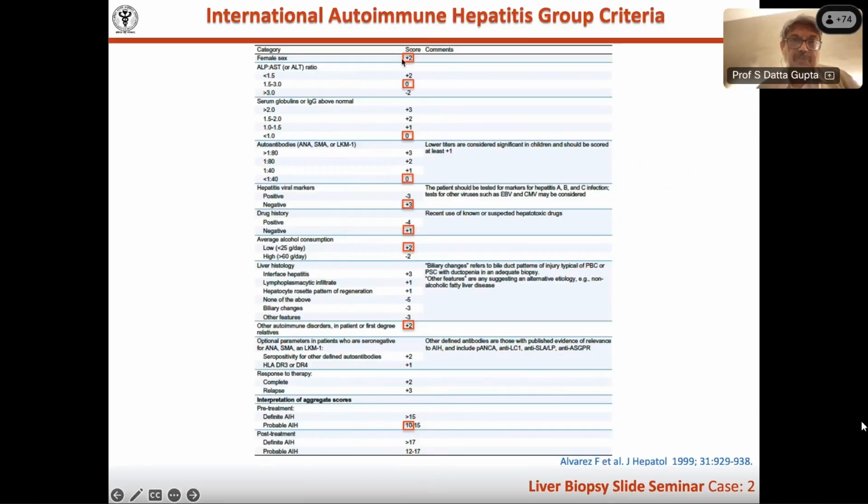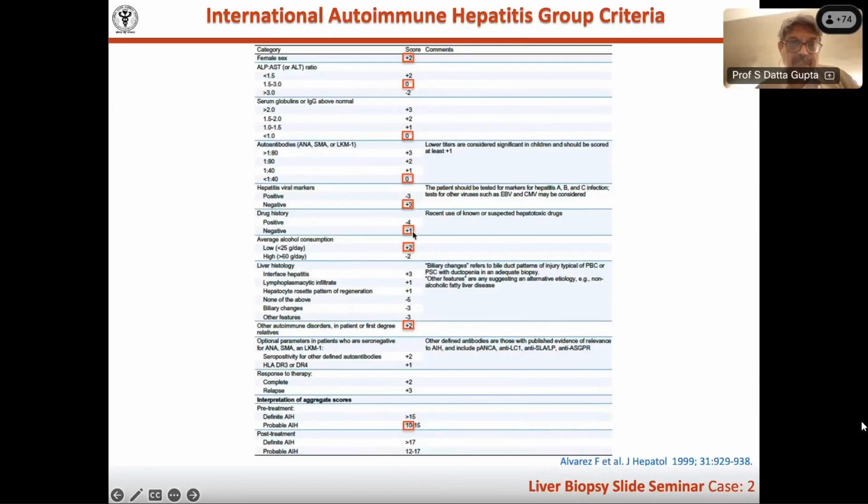The moment you are a female, you get a score of 2. And the moment ALT, AST, between 1.5 and 3, you get a score of 0. Serum globulins less than 1, you get a score of 0.